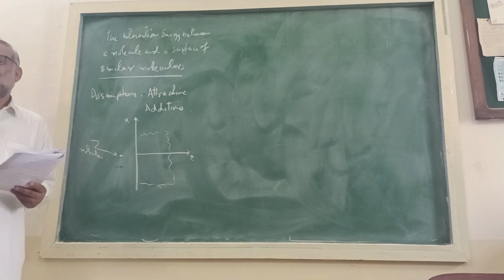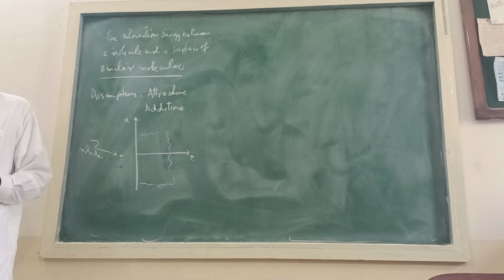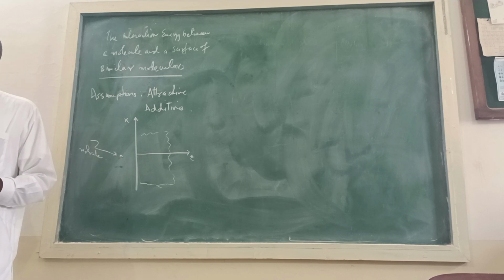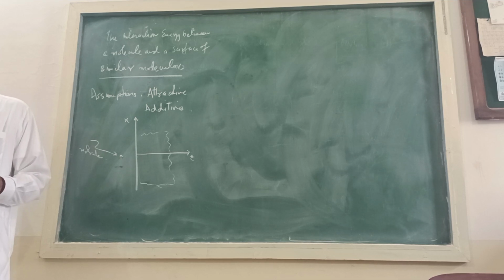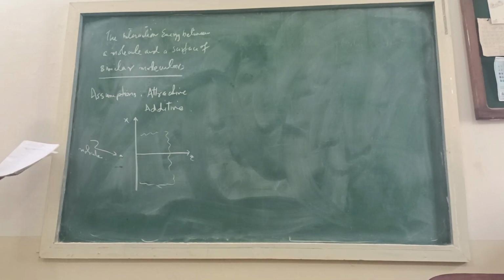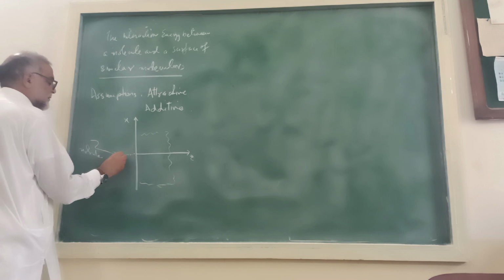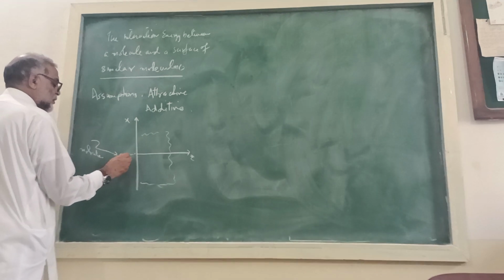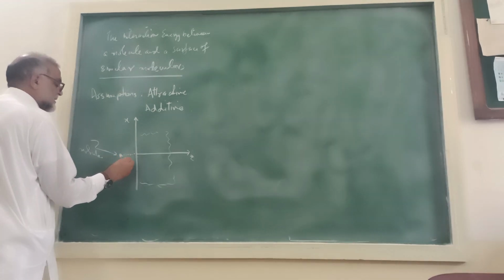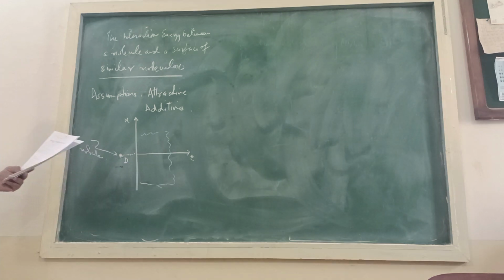So first we want to find the interaction between a small ring, which is part of the surface, and this molecule. Let this distance be z equal to d. This is d.